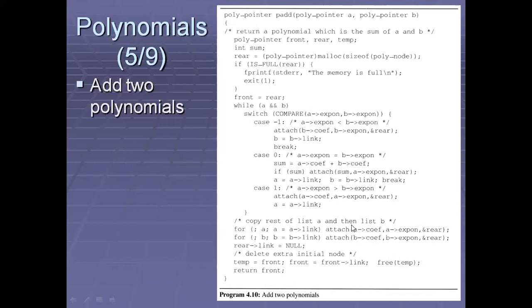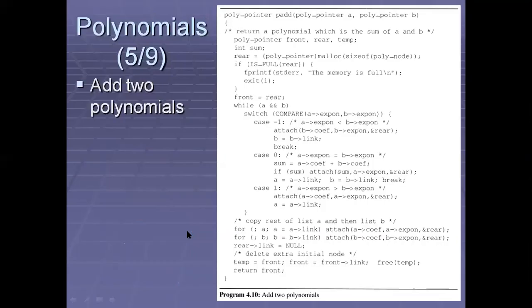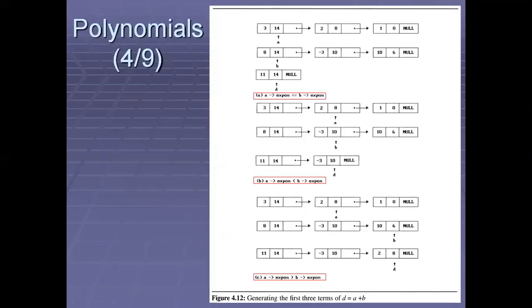For example, you can see here, 8 and 6 are compared. Next, 8 is copied. Next, 0 and 6 will be compared and 6 will be copied. Next, 0 is left in the linked list because there is no need to compare anything in the other linked list. All are copied. First, 14 and 14 were added.